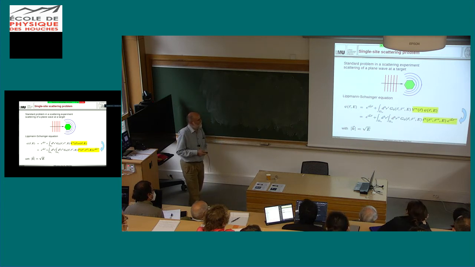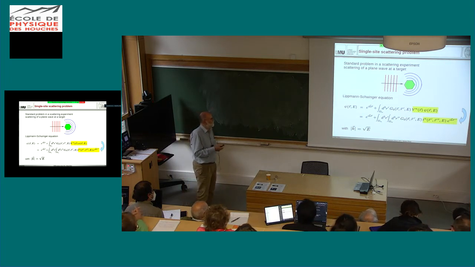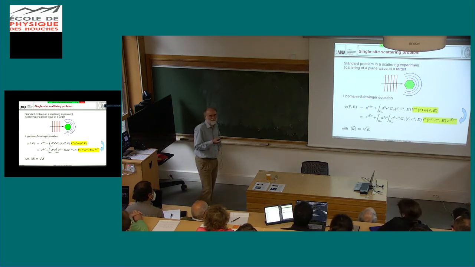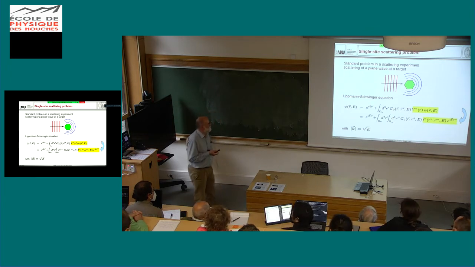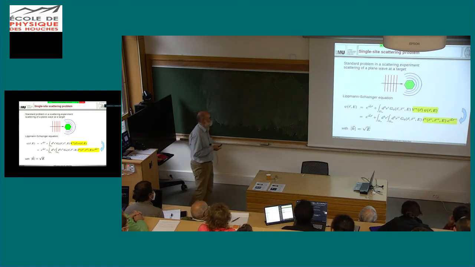The problem I mentioned already: psi shows up here, and it shows up here. What we do here is just what is called in German, we replace the devil by the Beelzebub. Ondra knows what that means. That means we replace one problem by another problem, hoping that the second problem can be solved more easily.